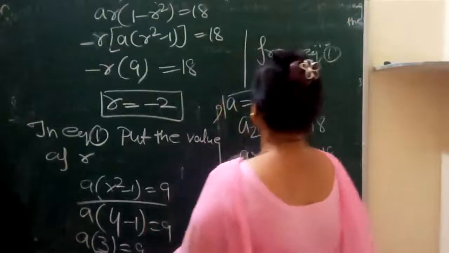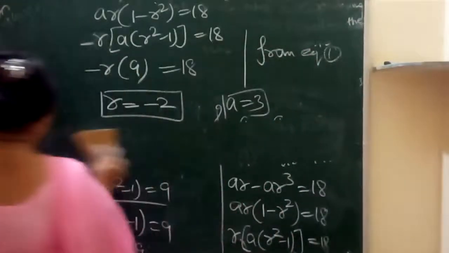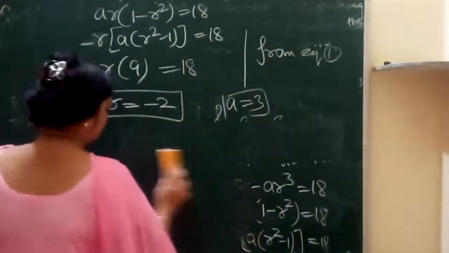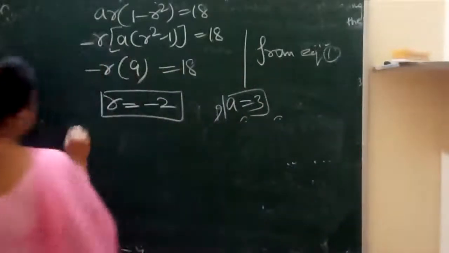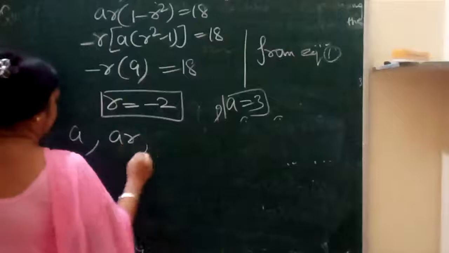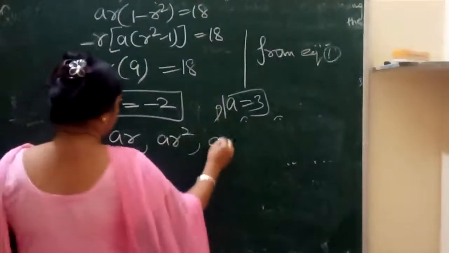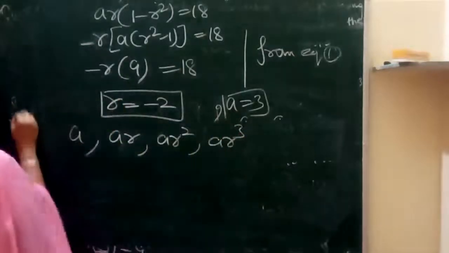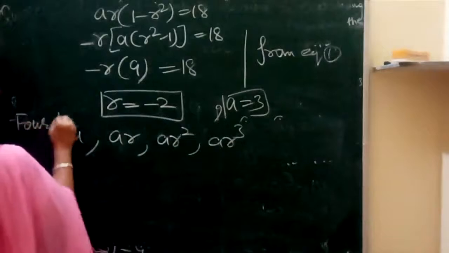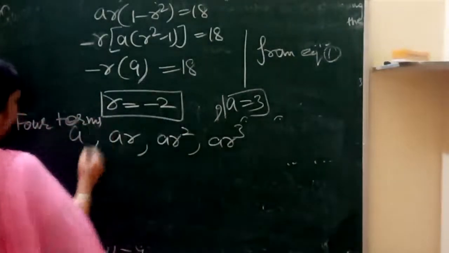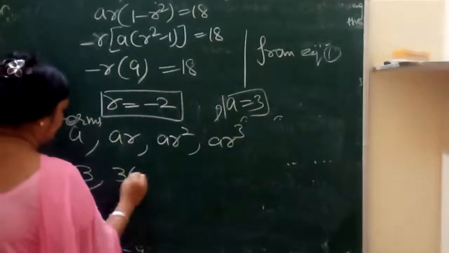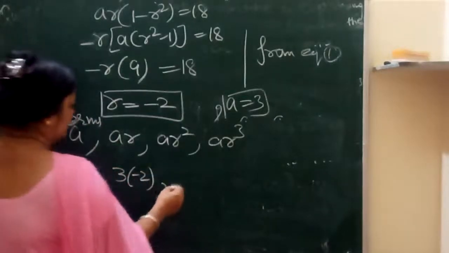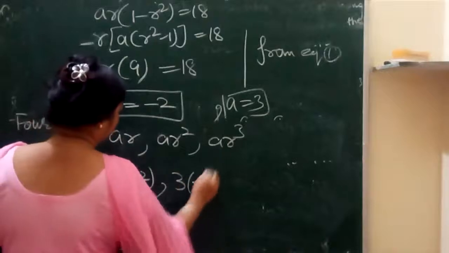Now we can find the first 4 terms of GP. The first 4 terms of GP are A, AR, AR square and AR cube. Now put the values. What is A? The first term is 3. The second is 3 into minus 2. The third is 3 into minus 2 square.